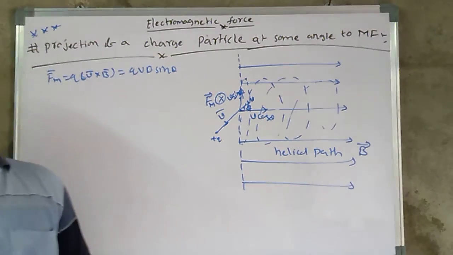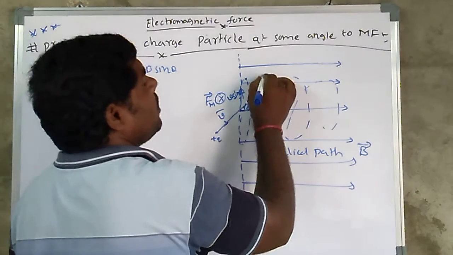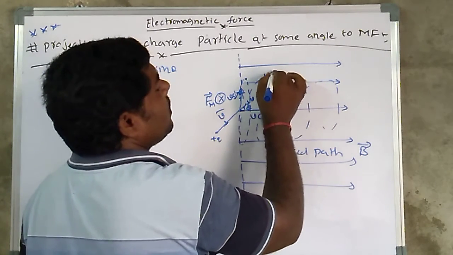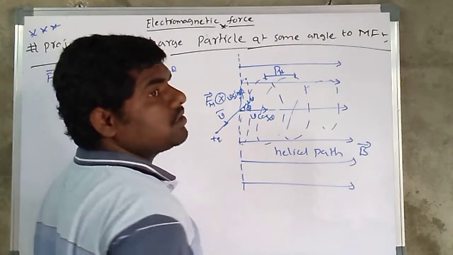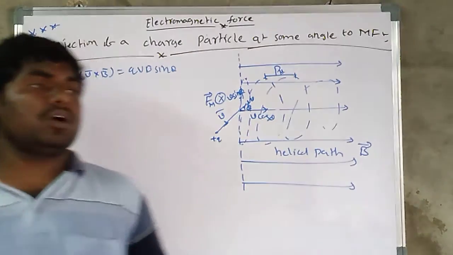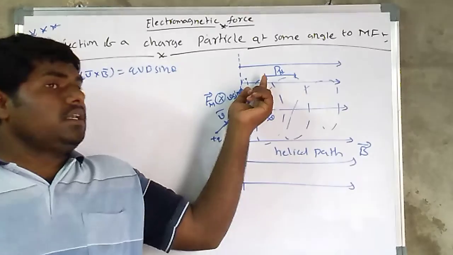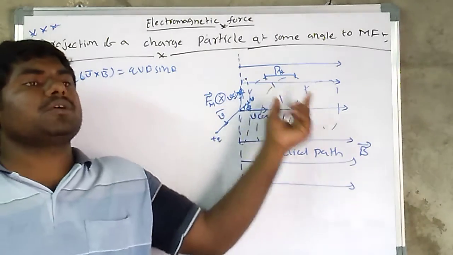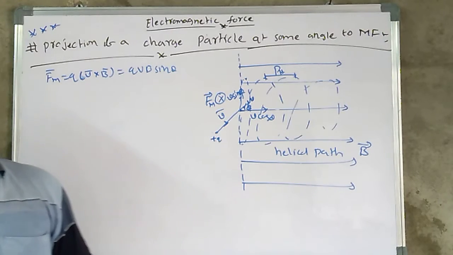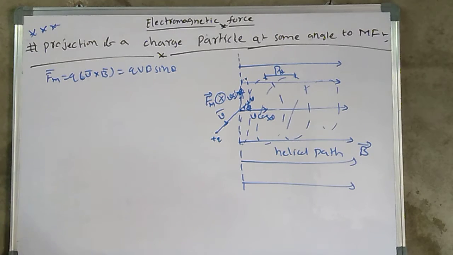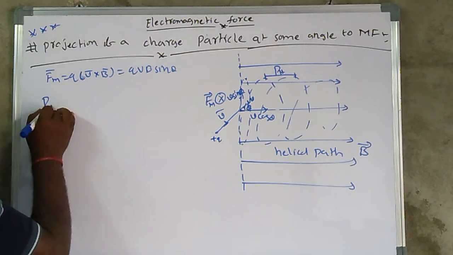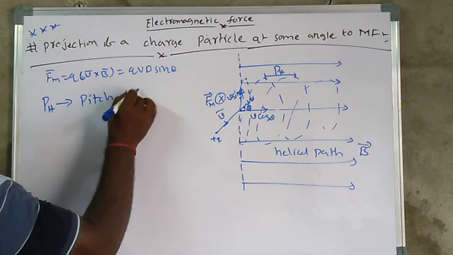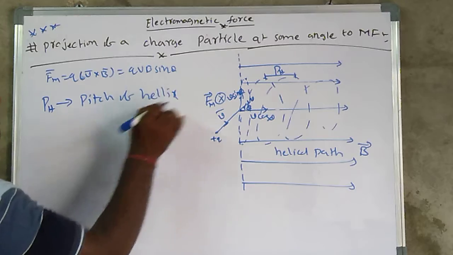So a helical path. From here to here is one complete rotation. The distance covered by the particle in one complete rotation is called the pitch. So PH is the pitch of the helix.